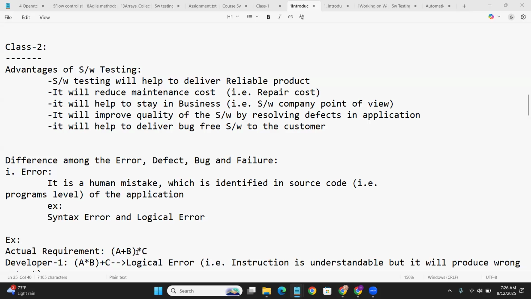Yes. Are there any doubts in the previous concepts? If you have any disturbance, you can use the chat box also. No, I don't have any doubt for that.